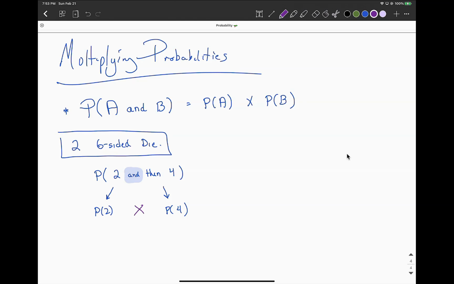I don't really have to draw out all 36 outcomes. It will naturally take care of itself.